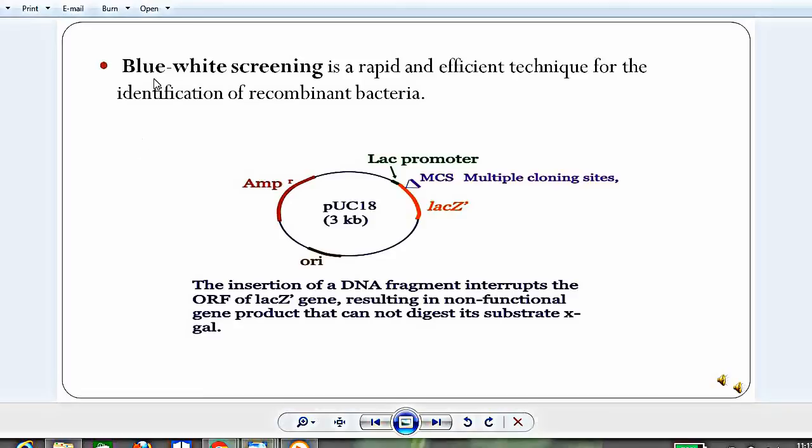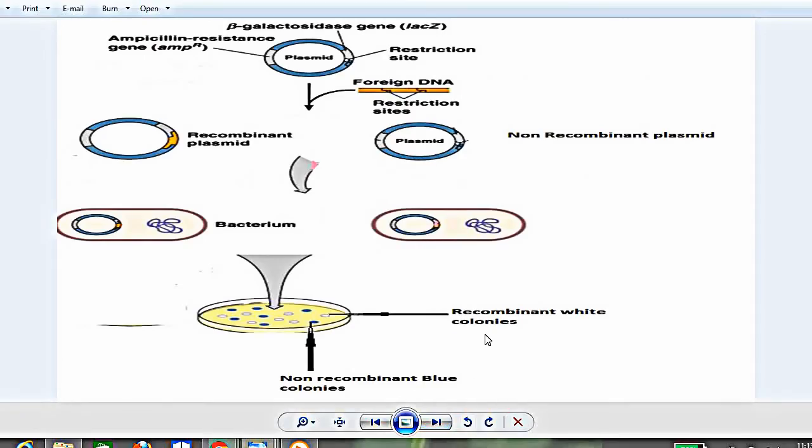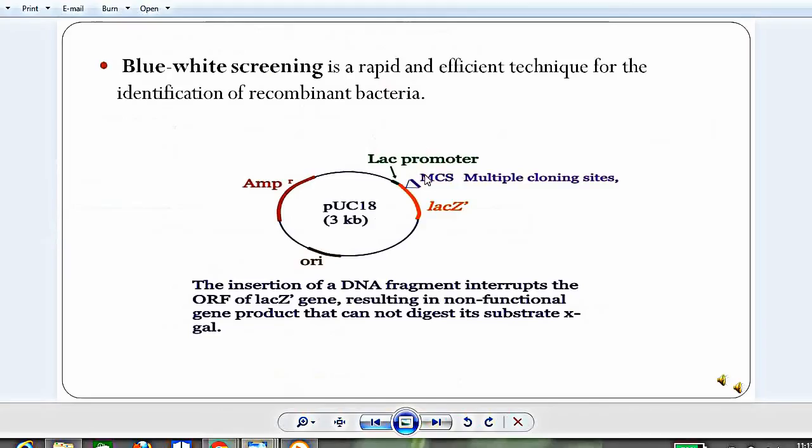So what happens in the case of blue-white screening? Let's see. This is a foreign plasmid. The foreign plasmid contains your ampicillin resistance gene, the lacZ region, and the ori. The lacZ region contains an MCS, multiple cloning site. So what do we mean by this MCS?